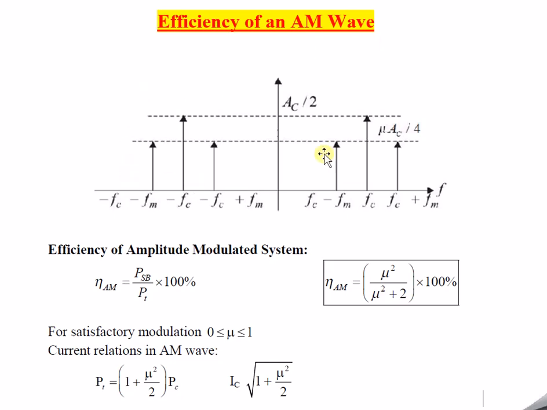Now we are interested in the AM wave, so we will try to understand how efficient our AM system is. As the frequency spectrum is very important to understand, and I have covered a separate session on it that you can refer to, I will quickly explain it. For examination purposes, one mark questions or MCQs, we usually neglect the frequency spectrum, but it is very important.